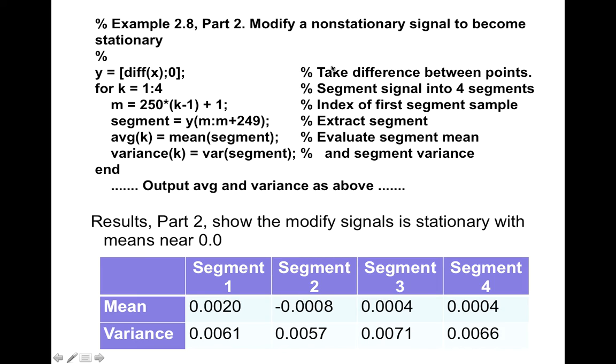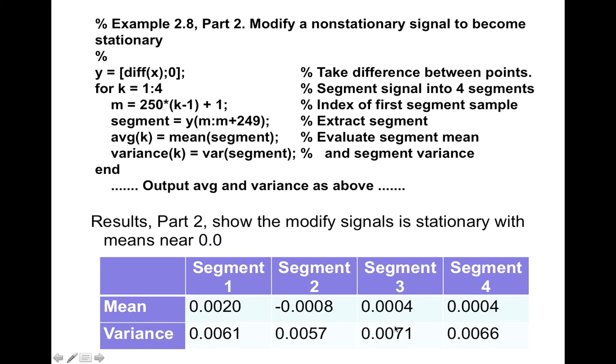So here's where we take the derivative of the signal, and then once the derivative is taken, we resegment and compare, and you can see that the means are close to 0, so you're a little closer to stationary.